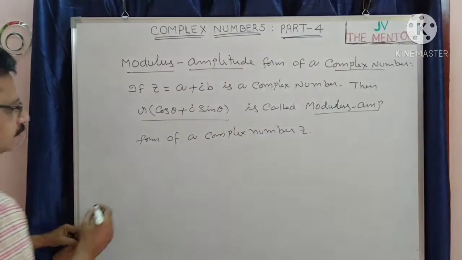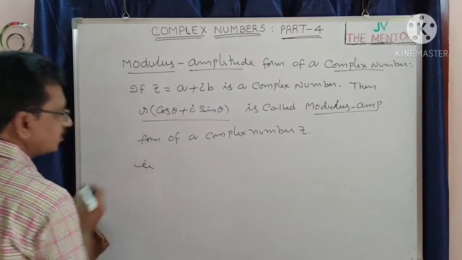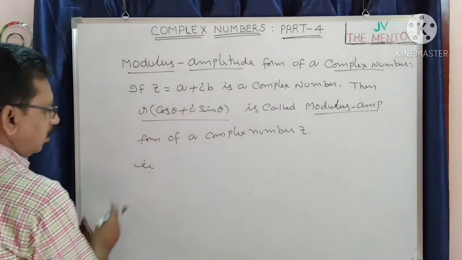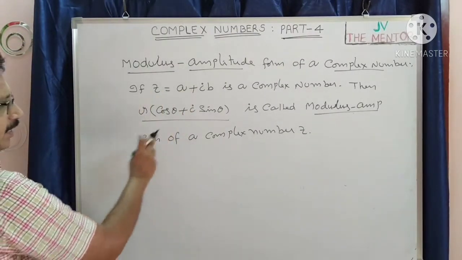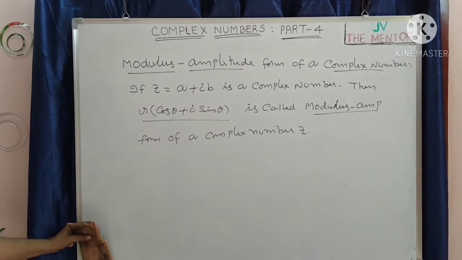That is, the modulus amplitude form of a complex number a plus ib is r into cos theta plus i sin theta, where r is the modulus and theta is the amplitude.